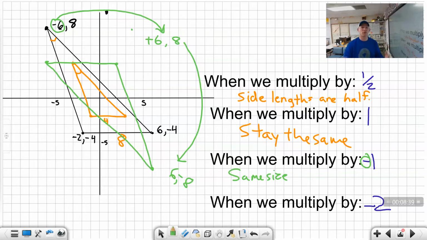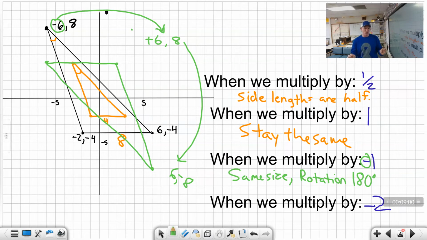But what happened to its location? Now, I'm hoping that you can recognize this is a rotation of 180 degrees.